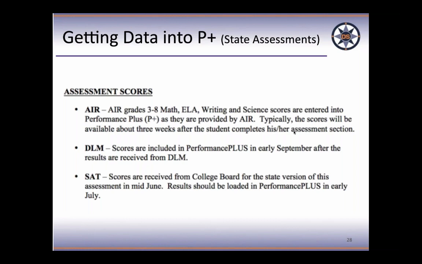If your 3rd grade starts taking the test, and then your 4th grade 2 weeks later, and your 5th grade, however you've scheduled it, once those assessments are completed, it takes about 2 weeks to get the results into P+. So before the end of the school year, your data is in PerformancePLUS.